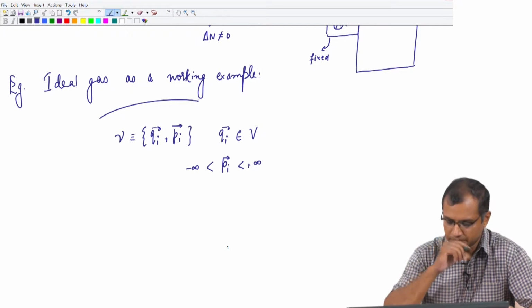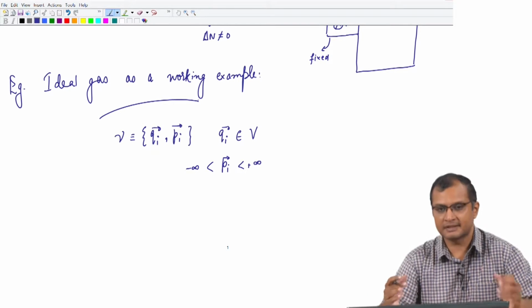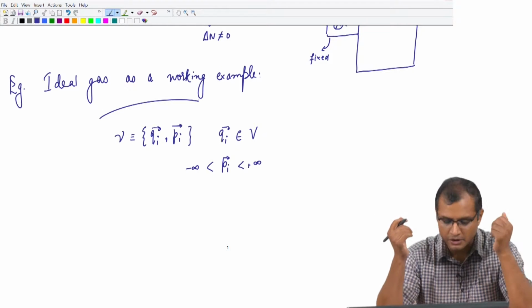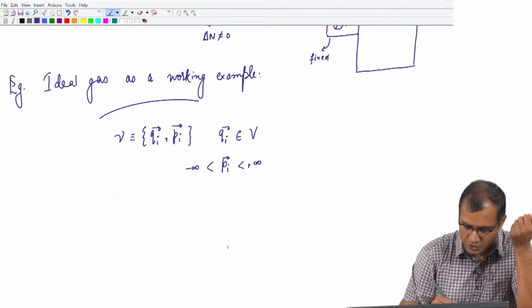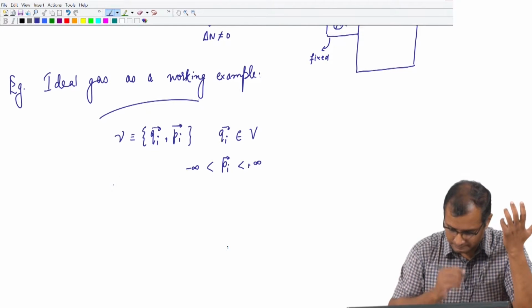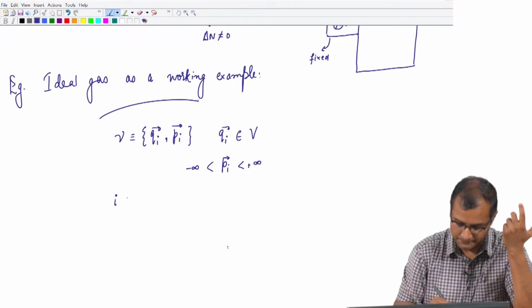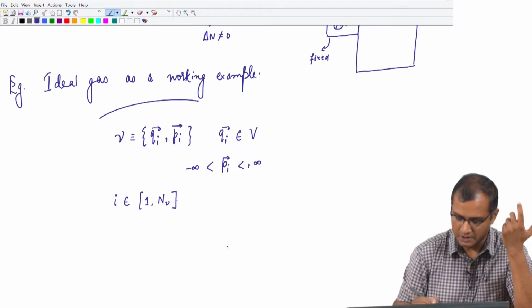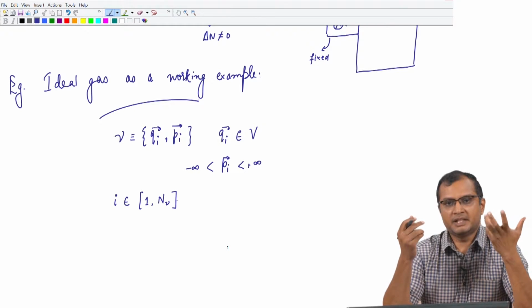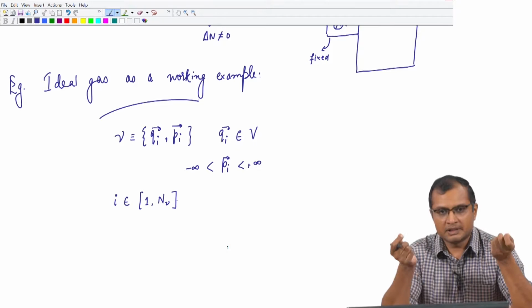Now, one has to keep in mind that this is a system where N is constantly varying. So, the microstate is now jointly represented by the set of Q_i's and P_i's such that my i, the index of the particle, is between 1 and N_nu, precisely meaning that the number of particles in the nu-th microstate is also a number that fluctuates.